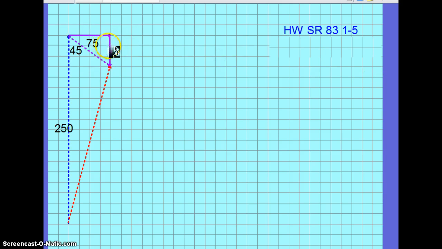Remember, our rules allow us to rearrange vectors. We take these vectors right here, and we can get rid of this one. Once we find those two, we don't worry about those anymore. Once we find them, we can rearrange them. We went north 250, south this much, and then we went east this much. And it's far easier to see how the triangle is formed.